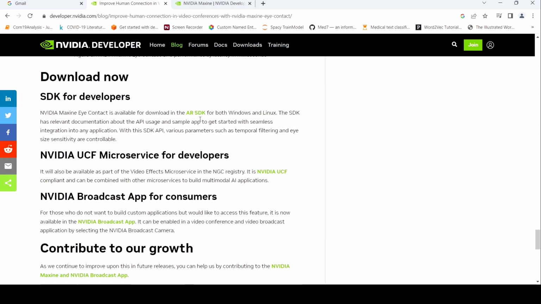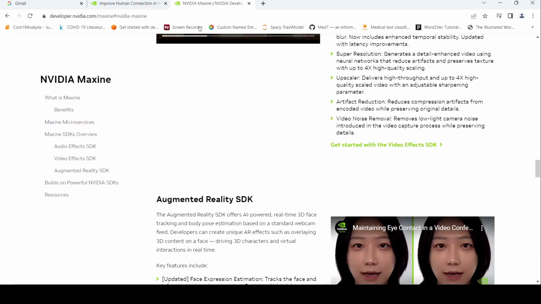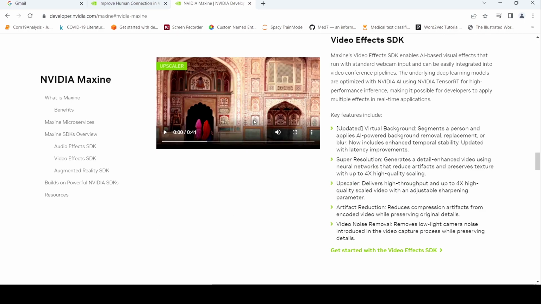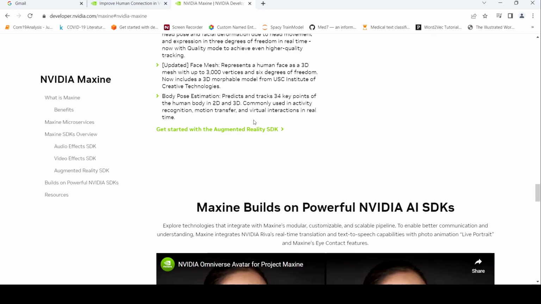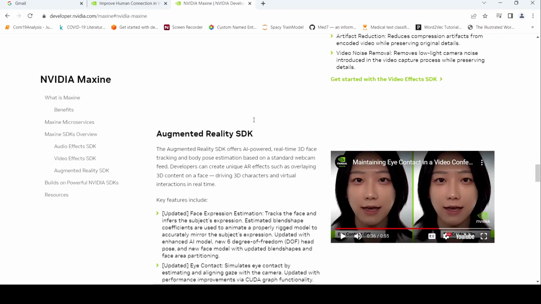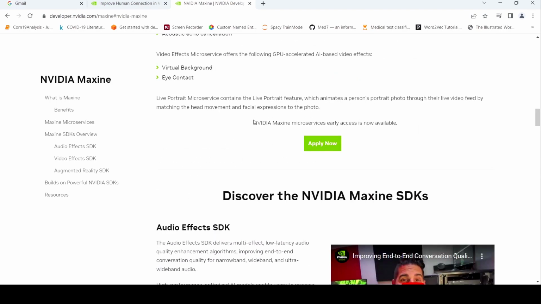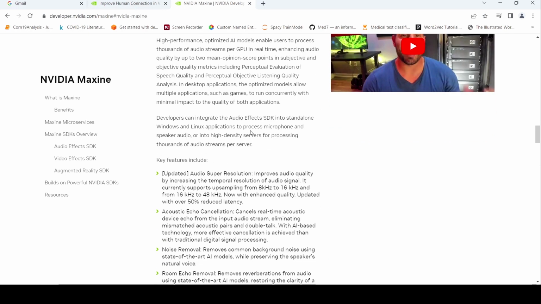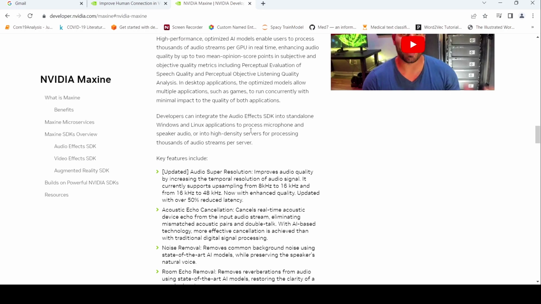So you can actually download this particular app, try it out. Maxine is available. You can try it out, and you can also develop these features with this particular NVIDIA Maxine SDK. So this was a short look at this eye contact feature from NVIDIA.